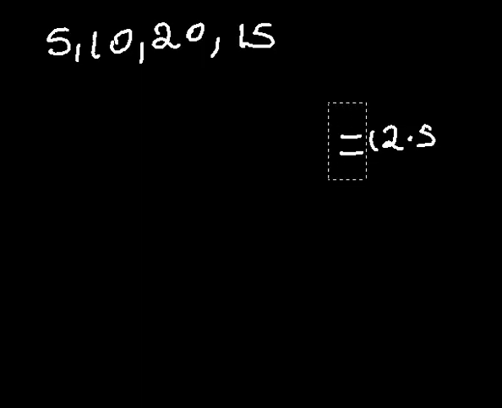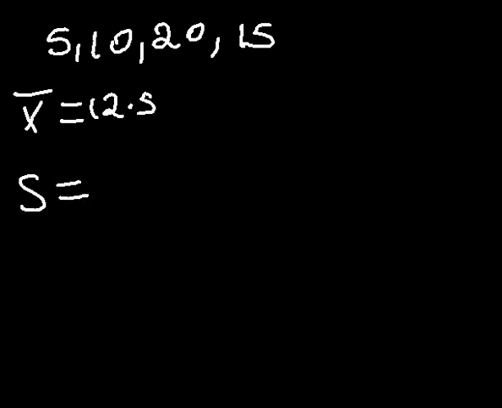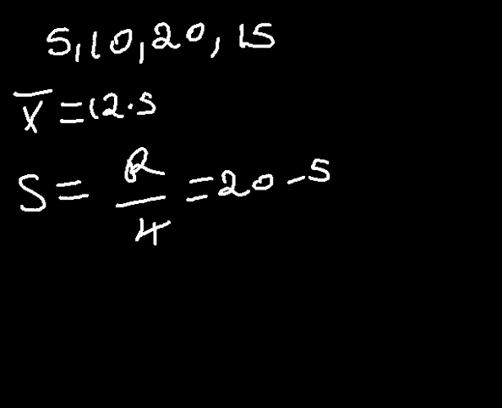Then what is the standard deviation? So this is the x bar, which is the mean. Let's think of using the range approximation of the standard deviation, which is given as the range divided by 4. In this case, what is the range? We'll have the highest value, which is 20, minus the lowest, which is 5, divided by 4.